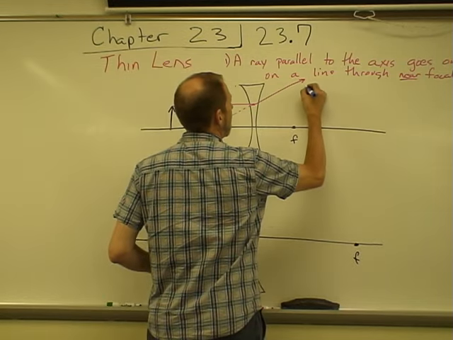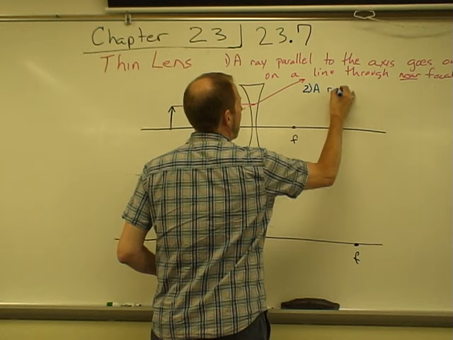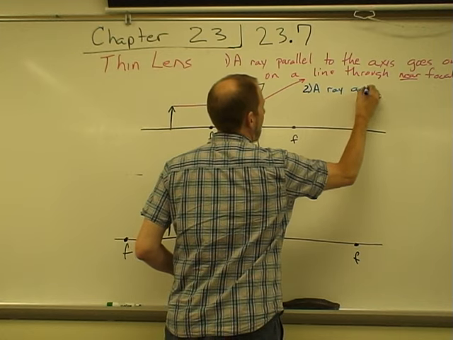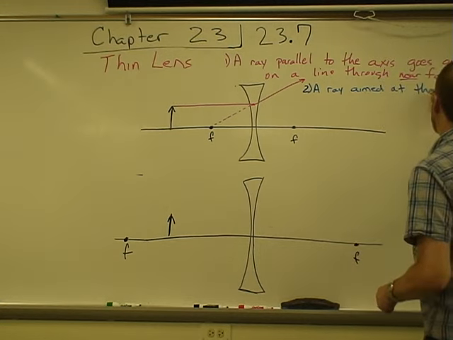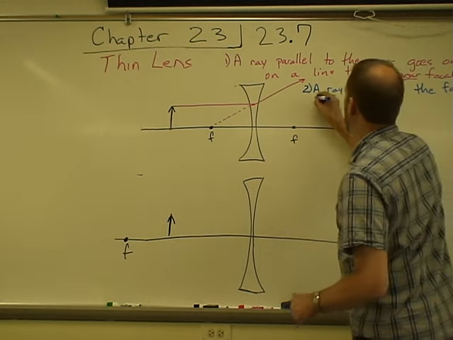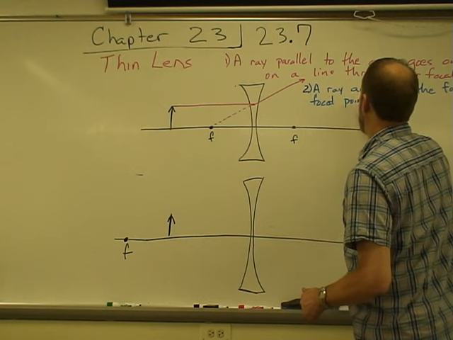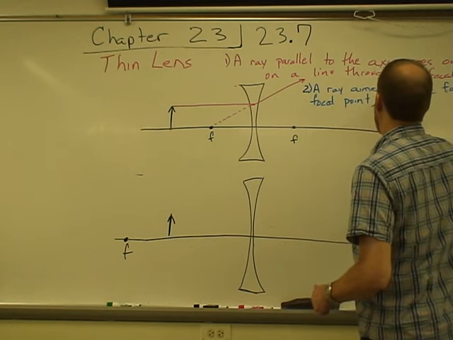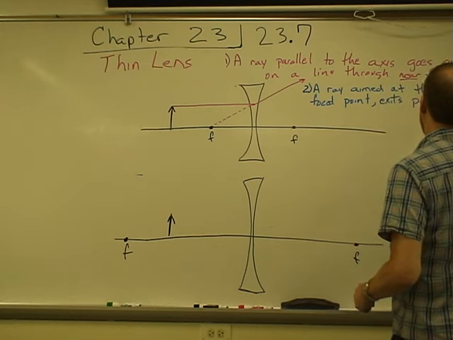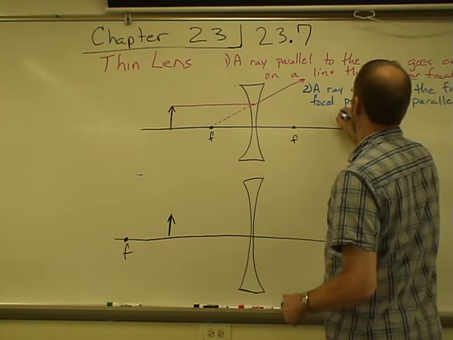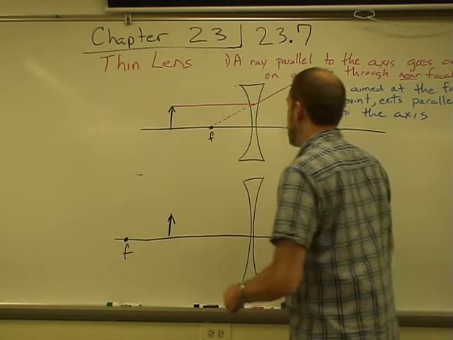The second ray is a ray aimed at the far focal point, exits parallel to the axis.